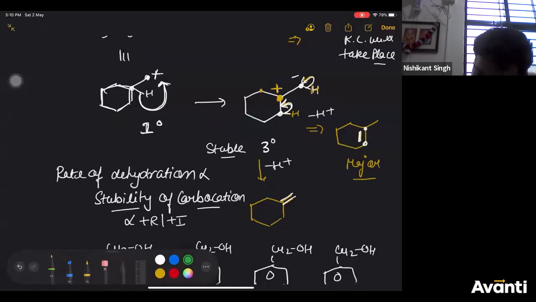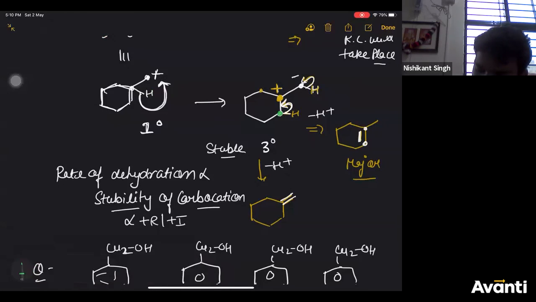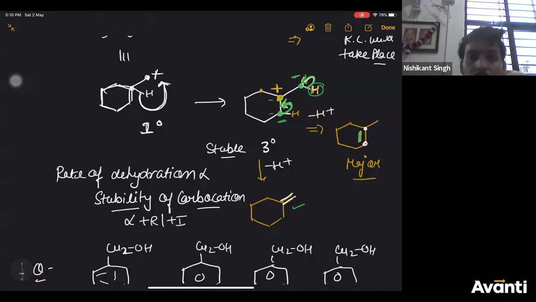From the next carbons, this carbon and this carbon, I have removed this CH bond and this CH bond. This carbon gets negative, this carbon gets negative. If you remove this H, positive and negative will combine to form this compound. If you remove this H, this carbon will get negative, positive and negative will combine to form this bond. So what is the problem in this, Chandan? It is same as the previous step. There is nothing new here.